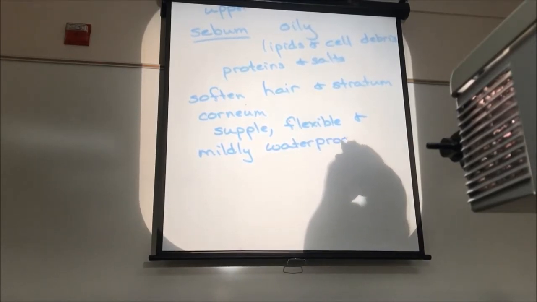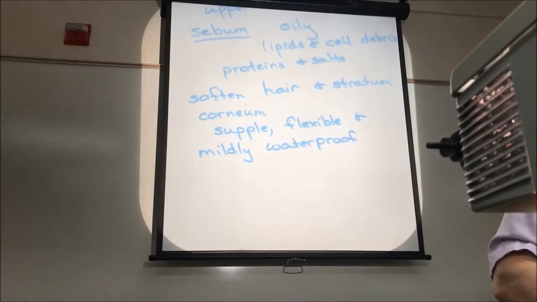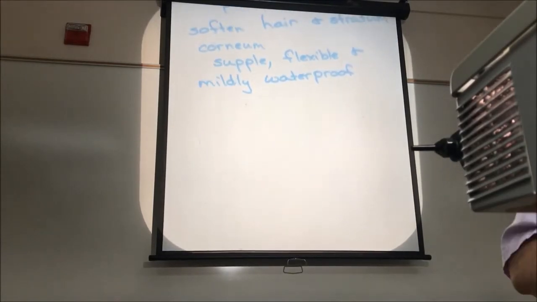Because it is oil, and oil and water don't mix. So it comes up the hair shaft. These dry, flaky, keratinized cells will be made softer and more flexible, more supple by the oils in the sebum. It spreads out across the epidermis, keeps that dry, cornified, keratinized tissue, dead tissue, supple, flexible, and a little bit waterproof.